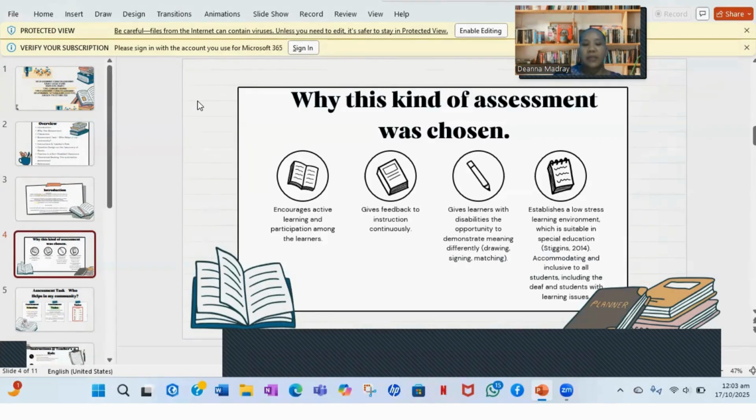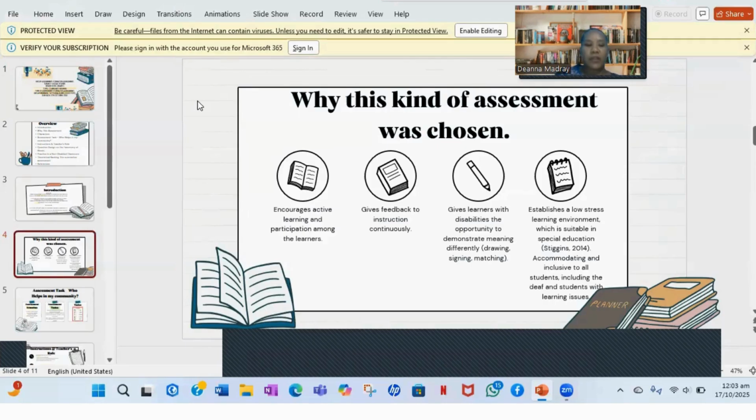When we provide these multiple avenues for demonstration, we aren't just accommodating, we are recognizing and validating all their strengths. We are making our classroom truly accommodating and inclusive to all. Formative assessment isn't just a trend, it's a philosophy of teaching.